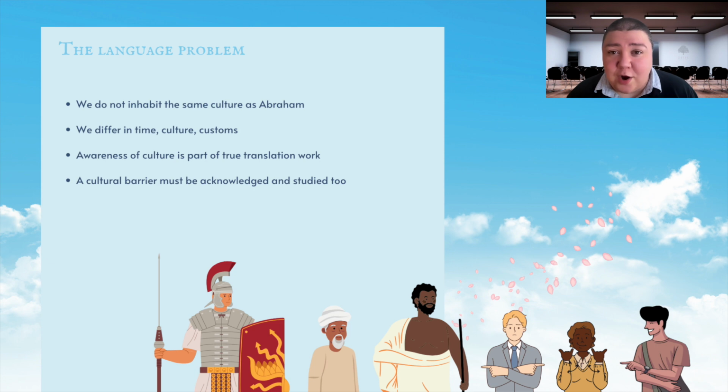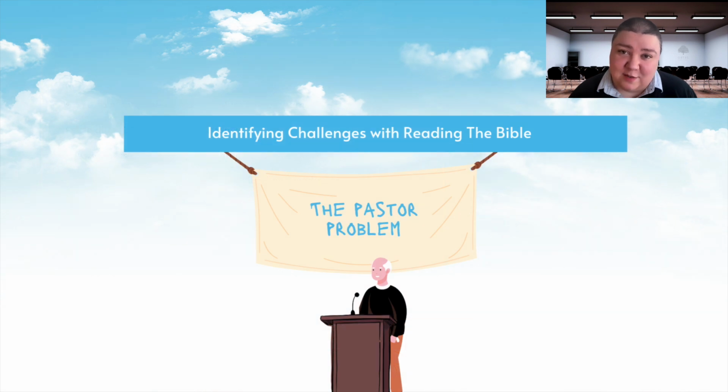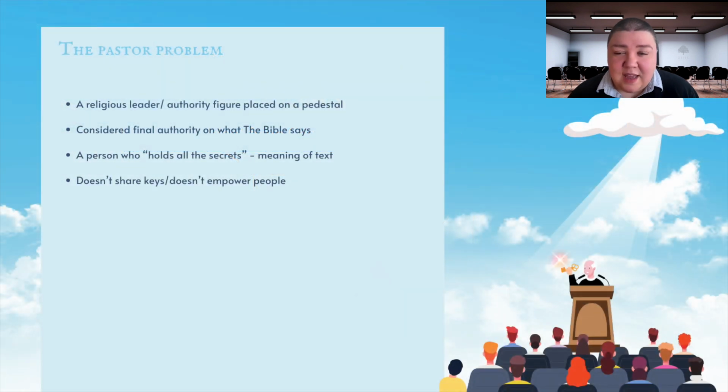Now, though there are many more challenges which exist, the fourth and final one we'll mention today is the pastor problem. We alluded to this earlier in the scholar versus layperson issue. It's this phenomenon where a religious leader or authority figure, such as a pastor, is placed on a pedestal and looked to by others, for example, church members or lay people, to be the final authority on what the Bible says, to have the final say.